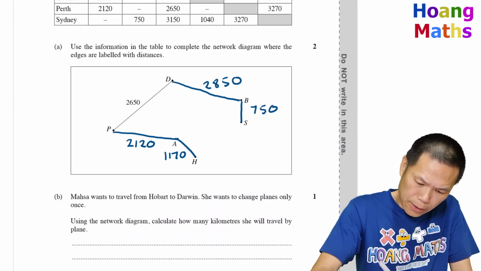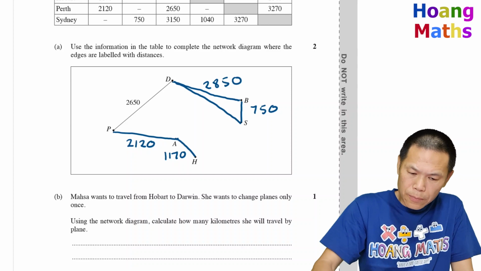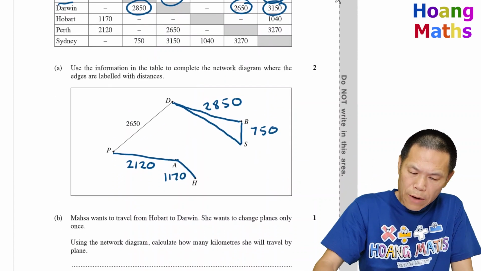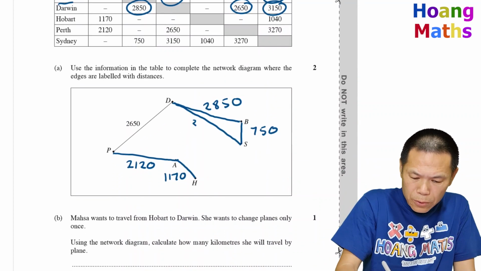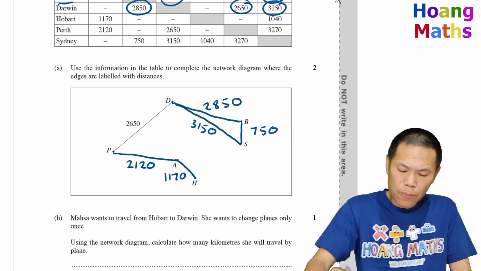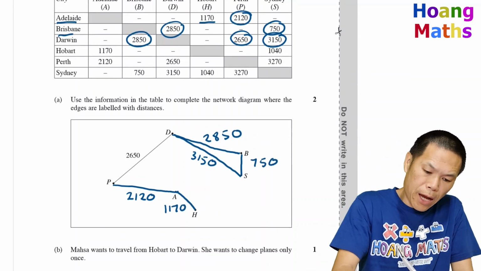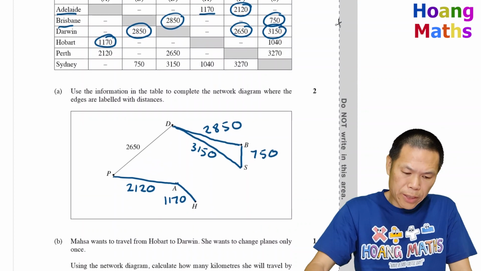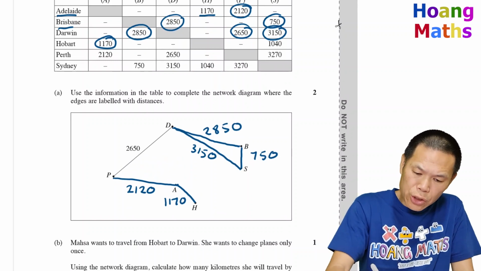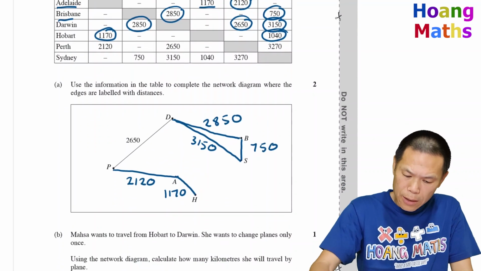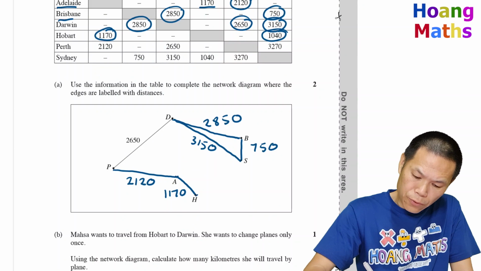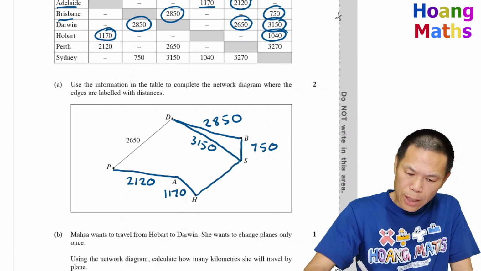D to S is 3150. And then H to A, already done. And then Hobart to Sydney, from here to here.